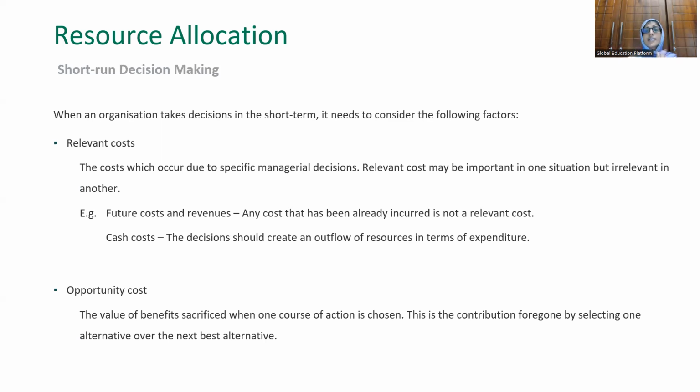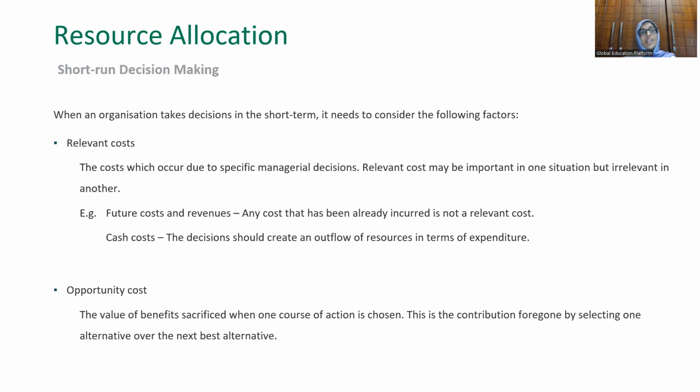So the next thing that we would consider in short run decision making would be the opportunity cost. Opportunity cost is the value of benefit that is sacrificed when one course of action is chosen, or the contribution foregone by selecting the alternative over the next best alternative.